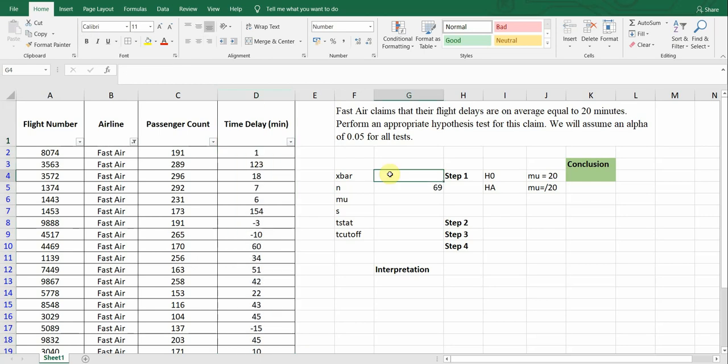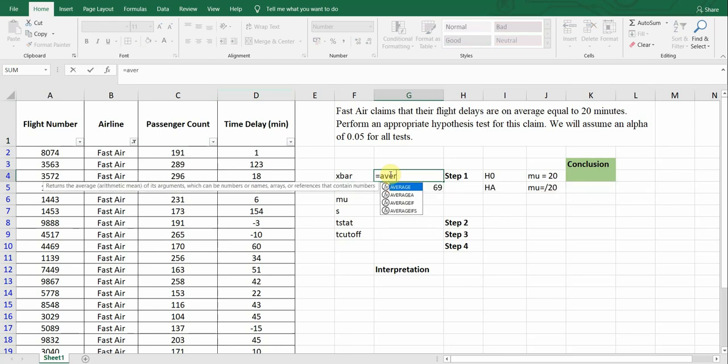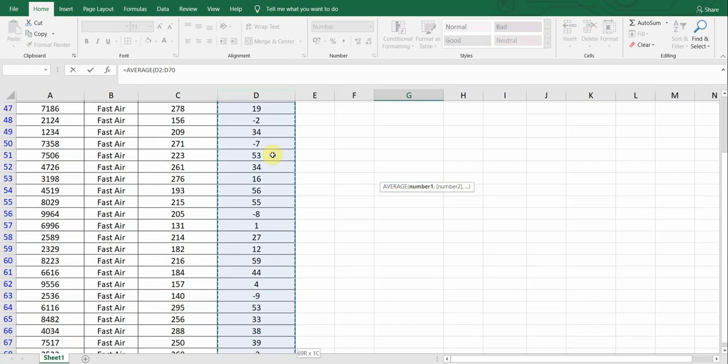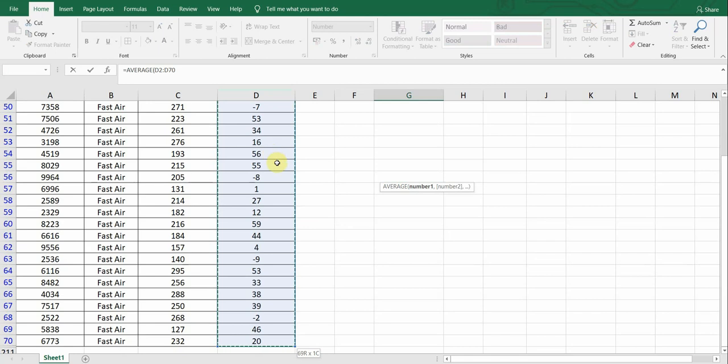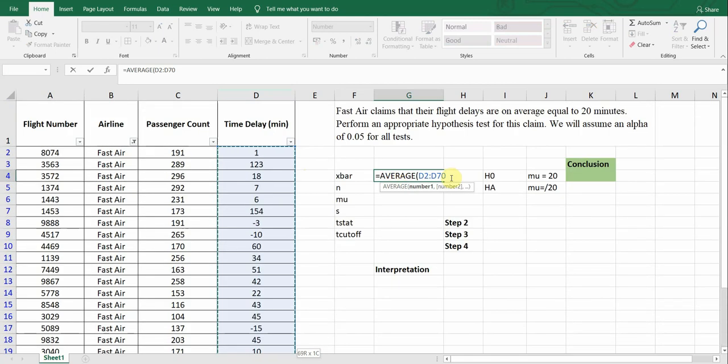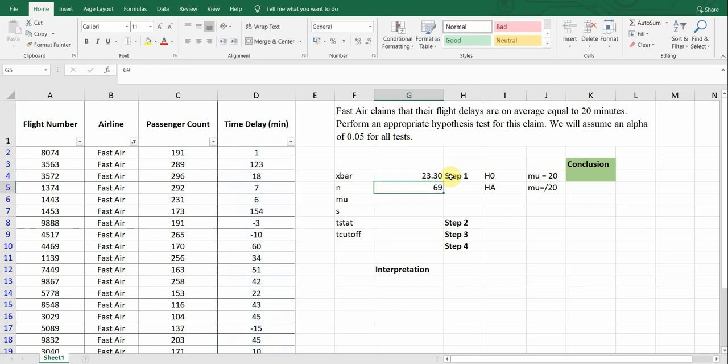So how do we calculate x bar? That is equal to AVERAGE, select all the numbers and close the parenthesis. You get your sample mean to be 23.30, which is x bar.